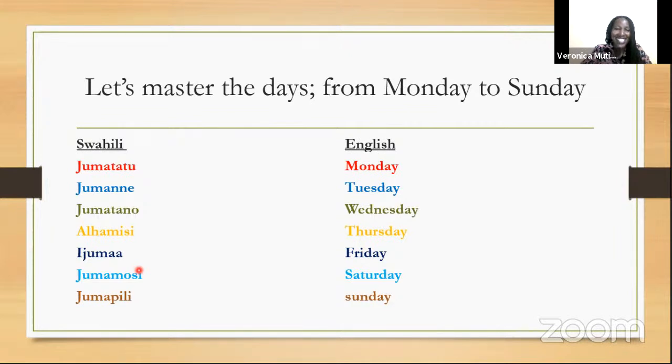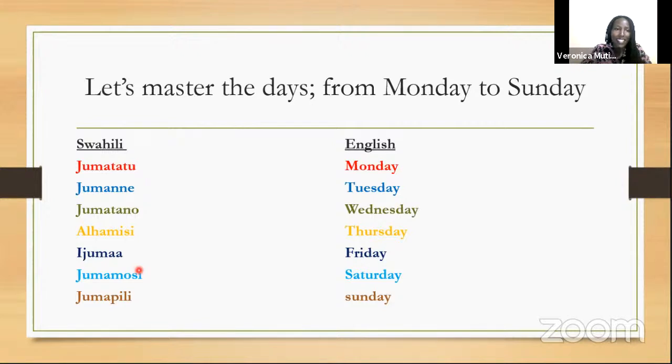So if I memorize Moja, Jumamosi is close to Moja. So I can remember Jumamosi, Jumapili, and Jumatatu. And even if I remember Jumatatu, I can go back and think Jumane and then Jumatano.